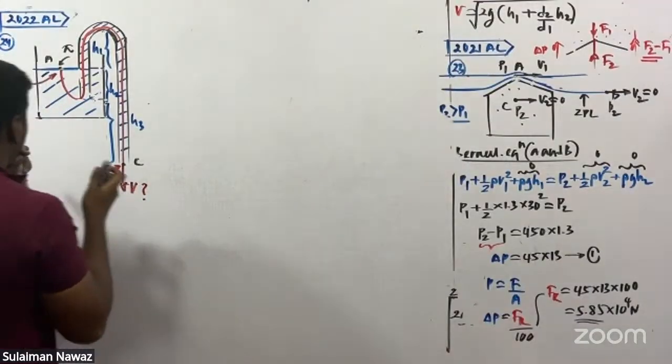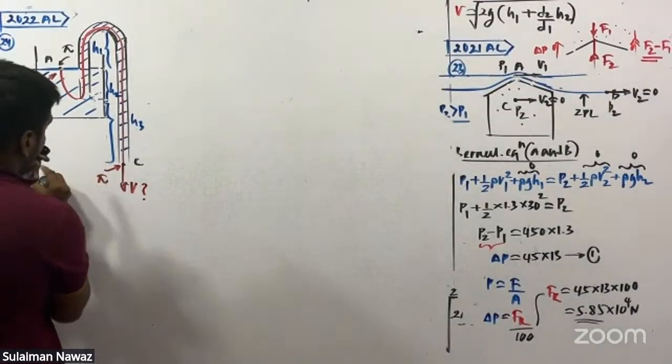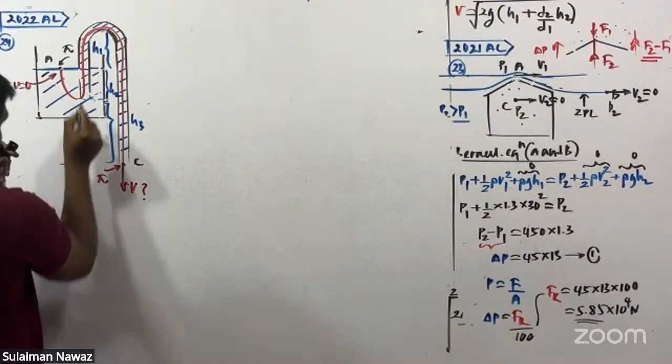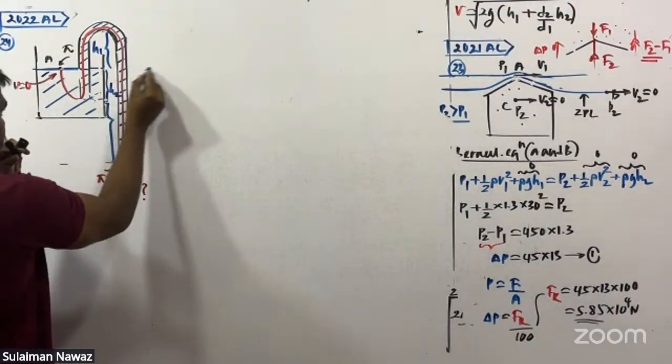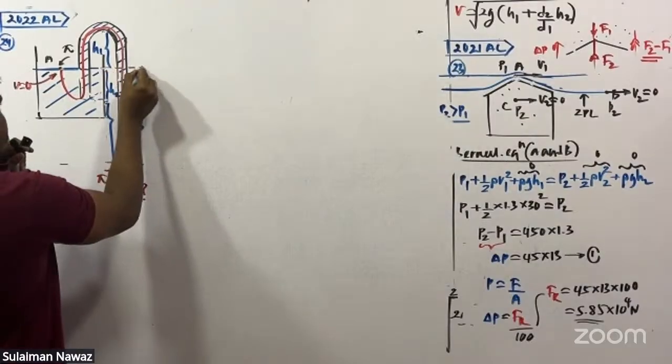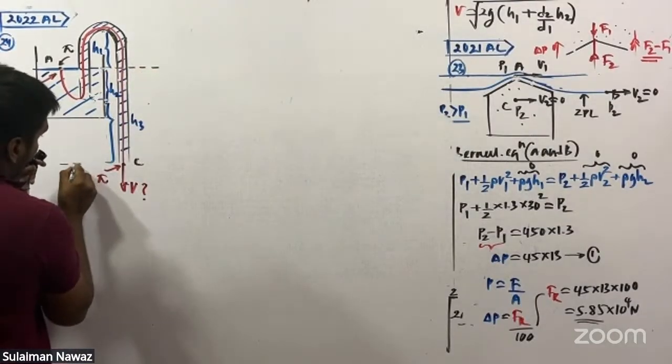I want to consider the horizontal level. I consider this level as my zero potential level. It's up to you. You can consider this level as your zero potential level, or if not, I can consider this level as my zero potential level.